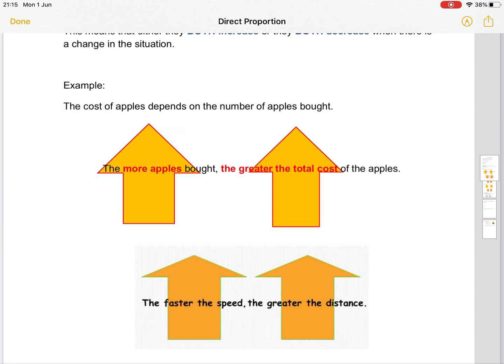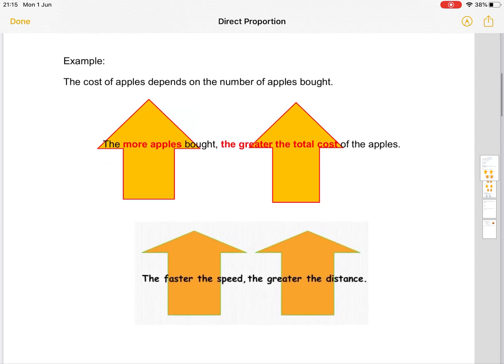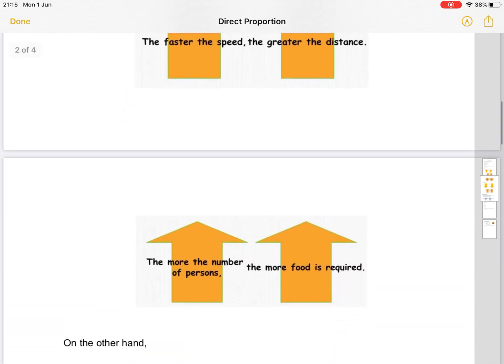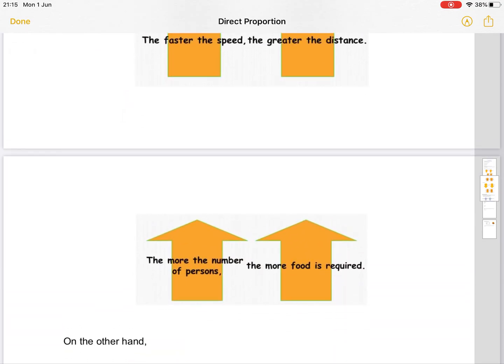Another real life example is the faster the speed, the greater the distance covered, alright? So if the speed is increasing, that's why there's an arrow pointing upwards. So the distance is increasing as well, alright? Okay, another example. The greater the number of persons, the more food is required.